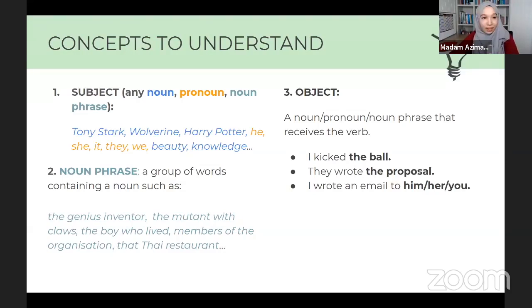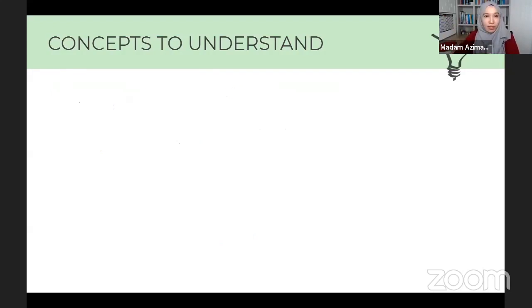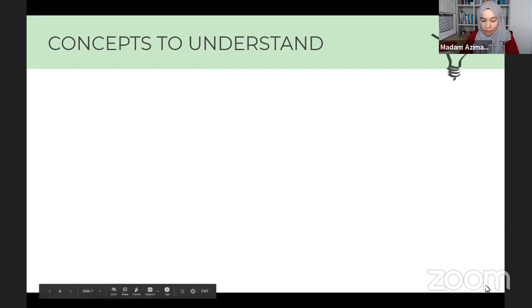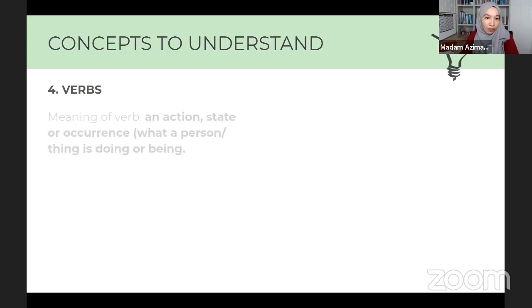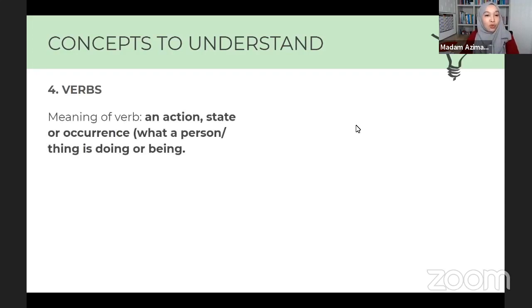Right, so that's 3 concepts: subject, noun phrase, object. Simple. Let's go to verbs. What's a verb? This is our 4th concept I need you to understand before we go to the active and passive.